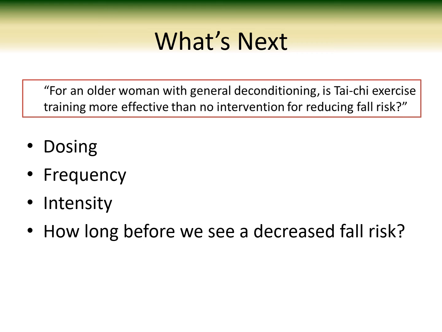So with respect to answering the question, systematic reviews and meta-analyses are quite beneficial, but to really get into the specifics of the exercise program and determine how long it's going to take for changes to take place in the person's fall risk, we may have to go to lower levels of evidence to get more information on treatment planning and implementation.